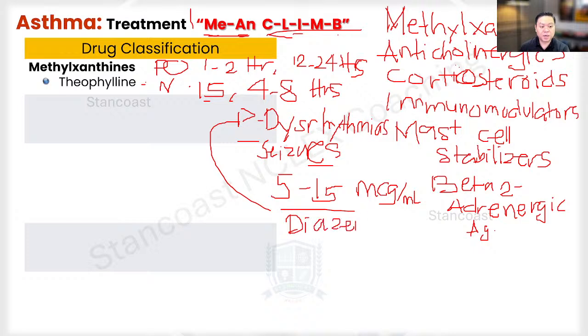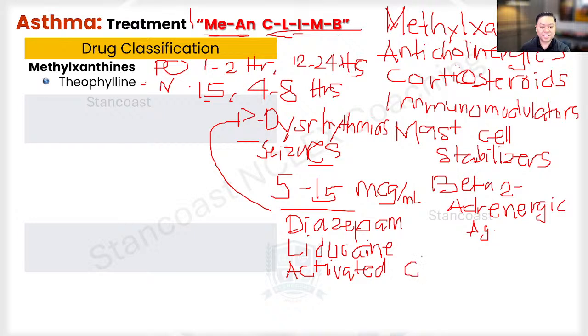So these are the known treatments to counteract the adverse effects: diazepam, lidocaine, and activated charcoal through the nasogastric tube.